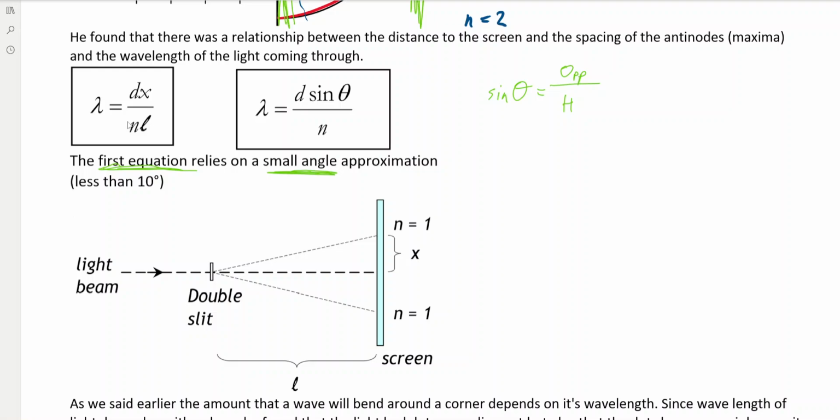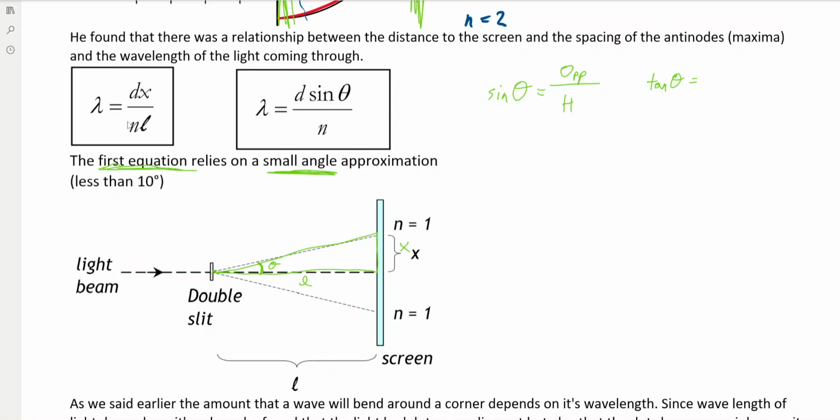And what it's doing in the first equation is kind of saying ahead of time, if we look at this diagram here, the theta is coming from this part over here. This is theta. Opposite is the x, adjacent is the L. So if we were to get that theta, how do we do that?